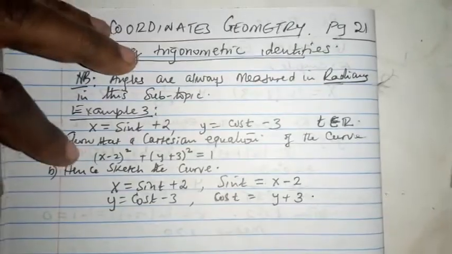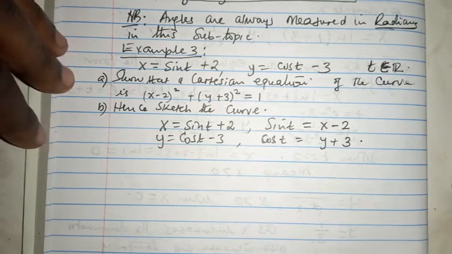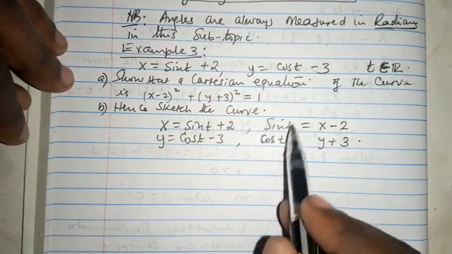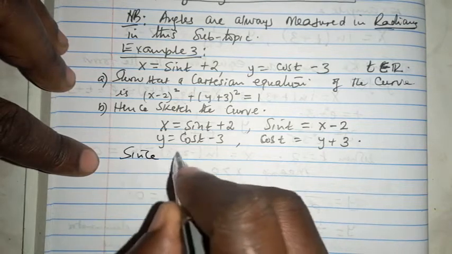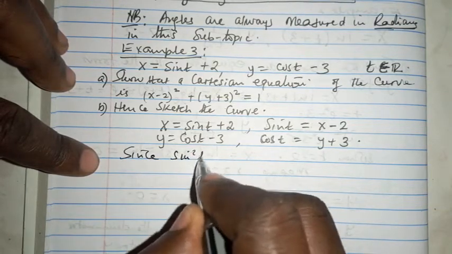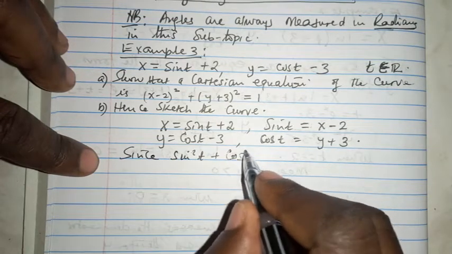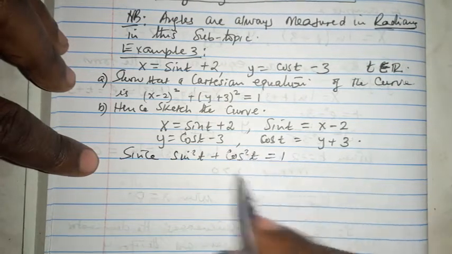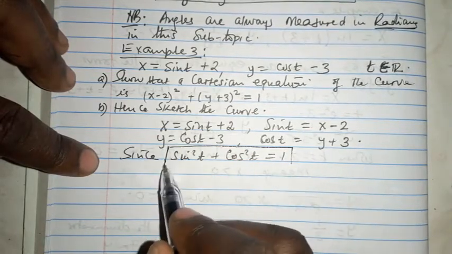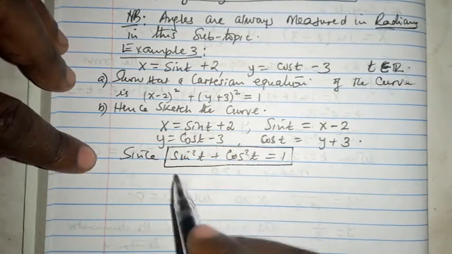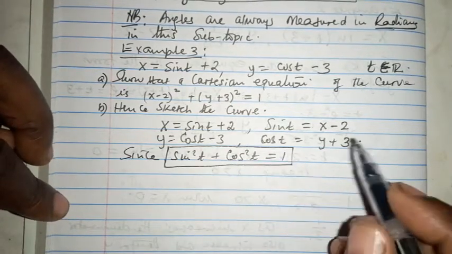But the very primary trigonometric identity that connects sine t and cosine t is sine squared t plus cosine squared t equals 1. This is the primary identity that we learned, and most others were generated from it.